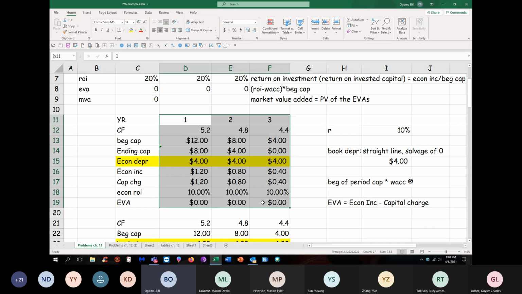And that was another argument against, not against, but our argument is that there's nothing new in the EVA. And some people argue that because I'm pretty sure that the economic profit model was in place before the Stern Stewart group started promoting their EVA.